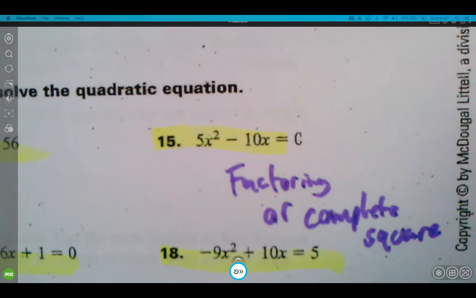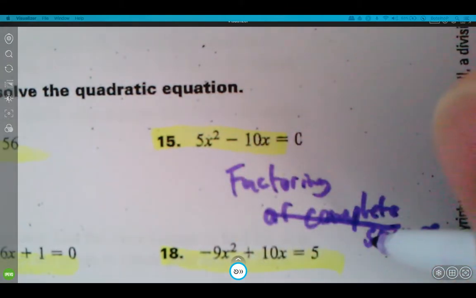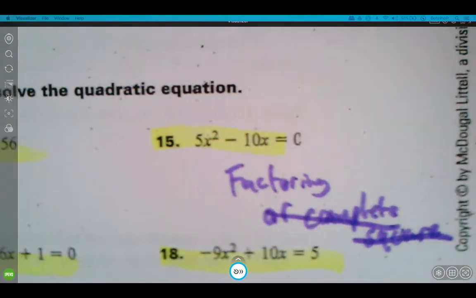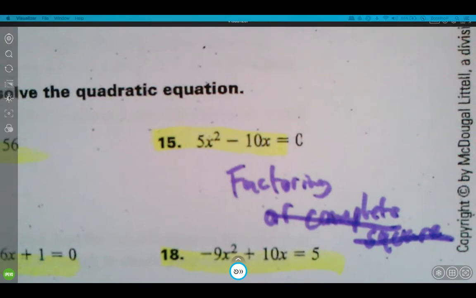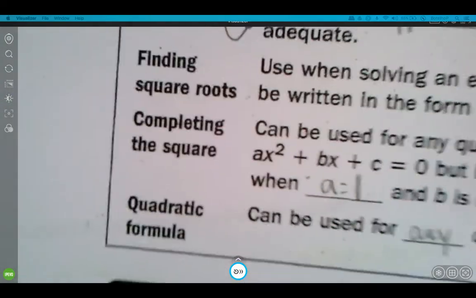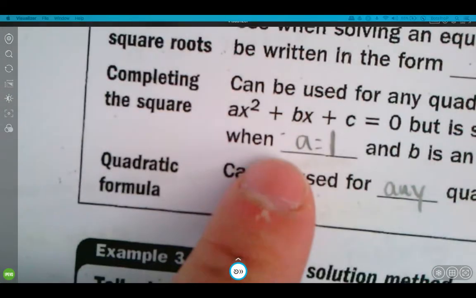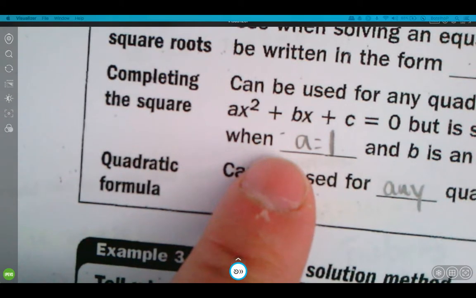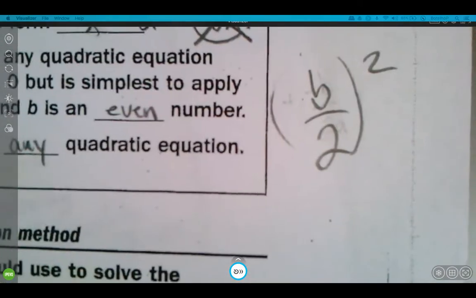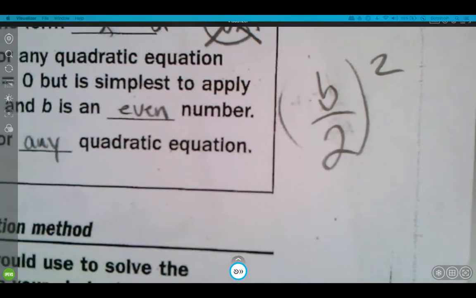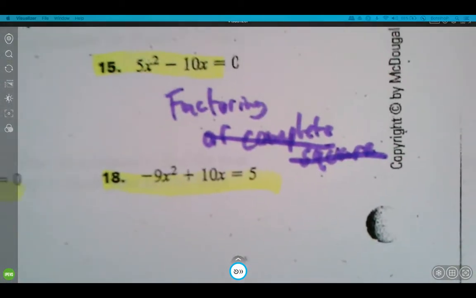You would not want to do completing the square, because if you remember correctly, one of the downfalls is that a has to be equal to 1 for it to work best, so that you can add b divided by 2 squared. So I would actually just do this one by factoring and solve it that way.